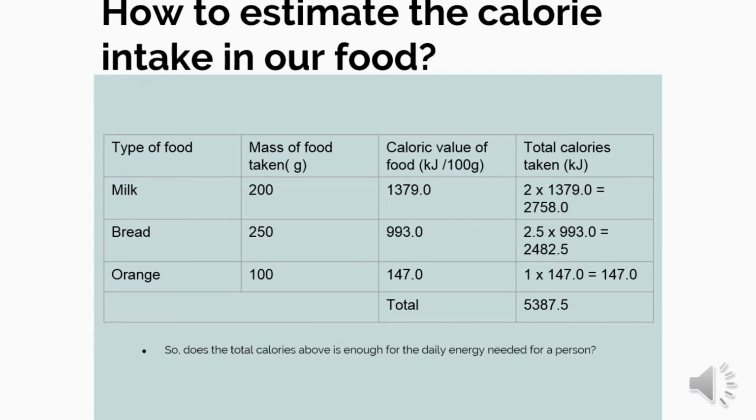So for the total calories taken, I just need to multiply the mass of the food taken with the calorie value of the food. So I will get the exact amount of total calories for each and sum up all of it, which the total of calories that I have taken yesterday morning is about 5,387.5 kilojoules.